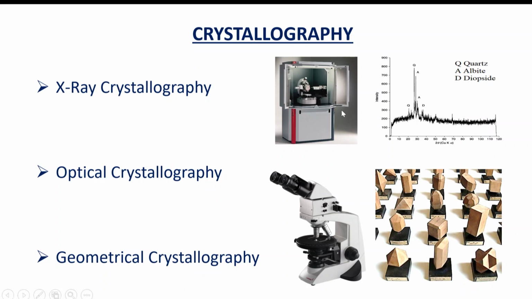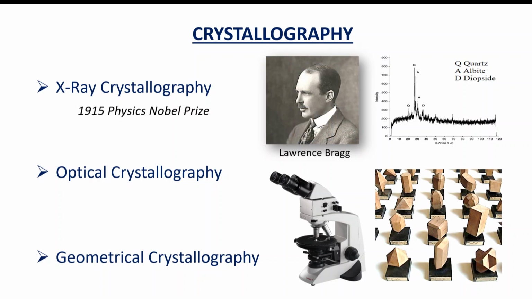From the diffraction angle you can assign the composition or decipher the individual constituents of a mineral or any material under study. This concept was pioneered from the law of X-ray diffraction put forward by Lawrence Bragg and his father, and for this concept of X-ray diffraction in 1915 Lawrence Bragg also got the Nobel Prize.